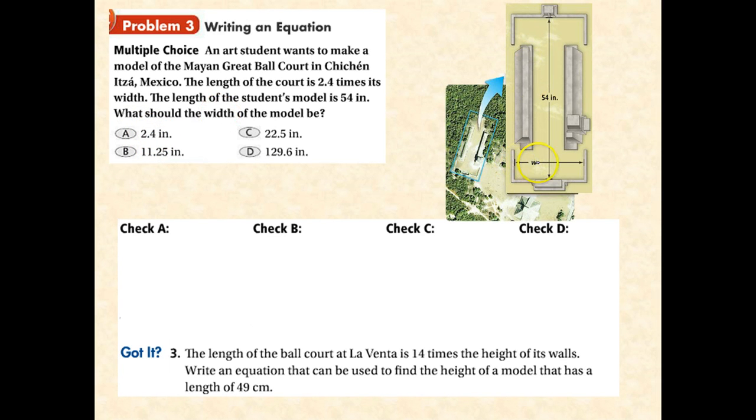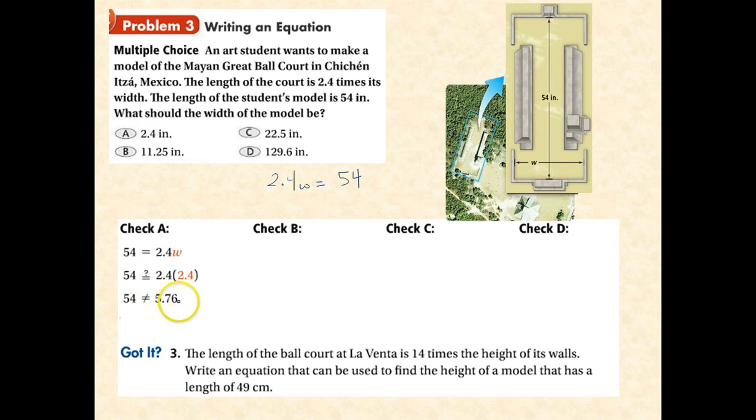Well, the width times 2.4 would equal the length. So 2.4 times the width equals the length, and in this case the length is 54. So we need to just plug in these values for w. So let's check A. Put in a 2.4. 2.4 times 2.4, is that going to equal 54?